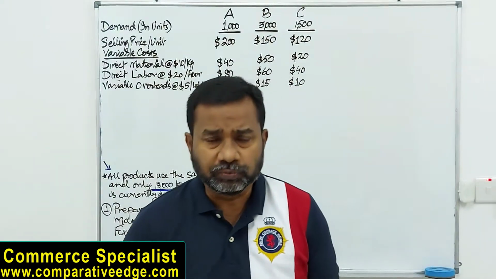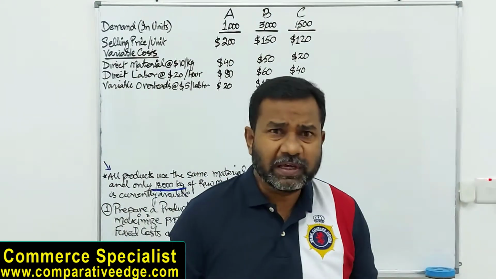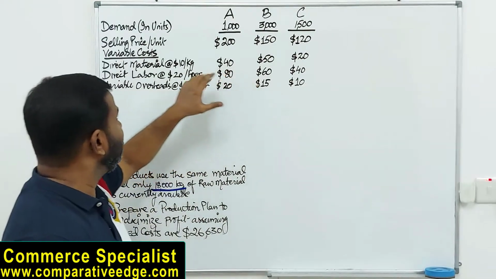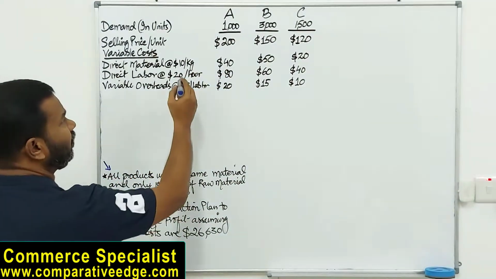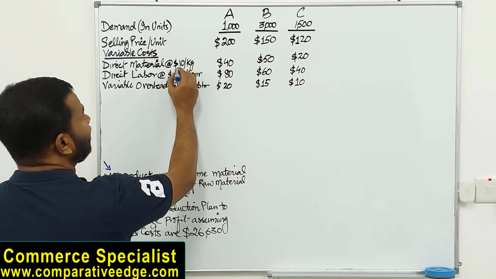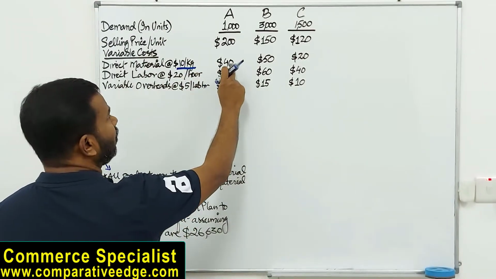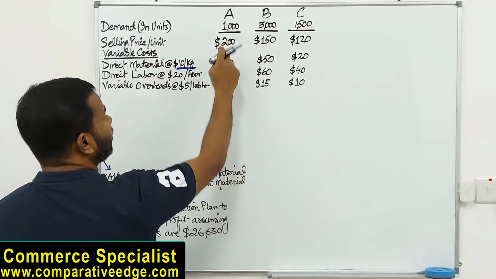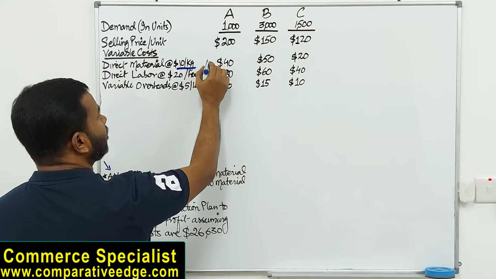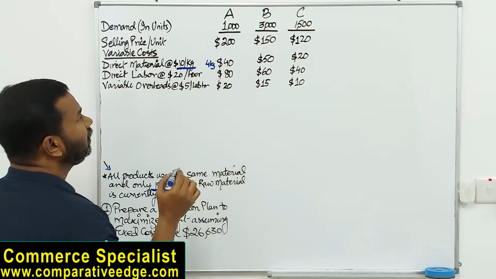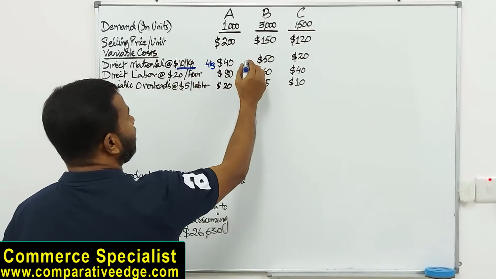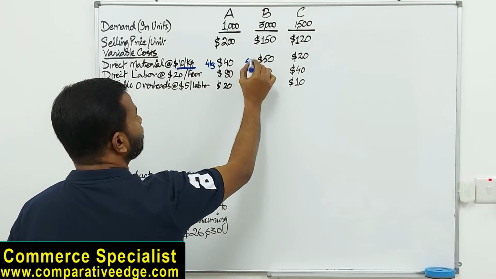So what to do? Frankly speaking, if you look at the raw material requirements, which is a very important part here, it is at the rate of $10 per kilogram. So if $40 are used, that means product A, each unit requires 4 kilograms. And 50 divided by 10, each unit requires 5 kilograms.